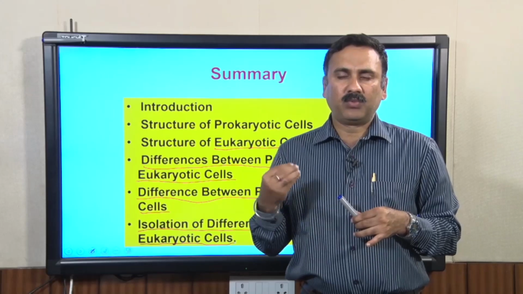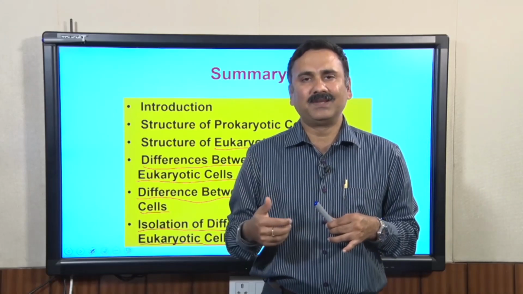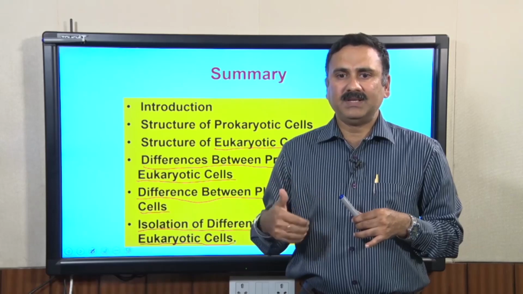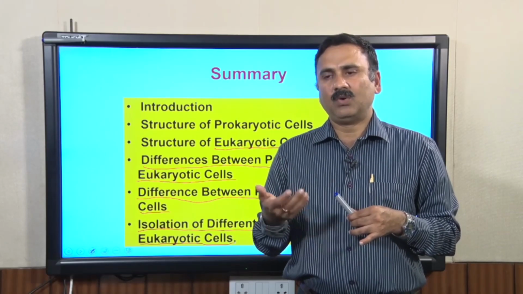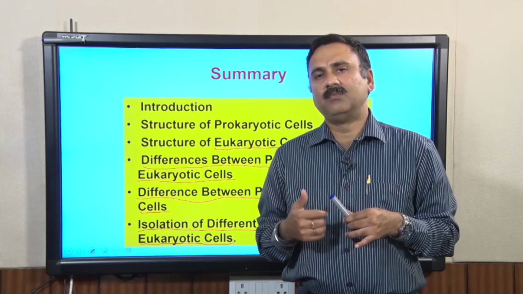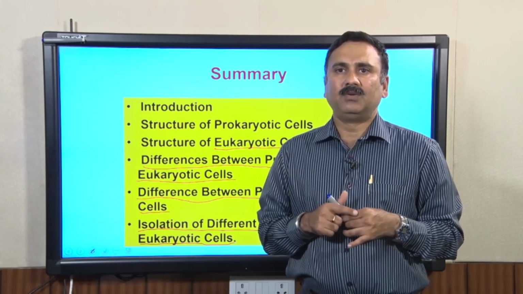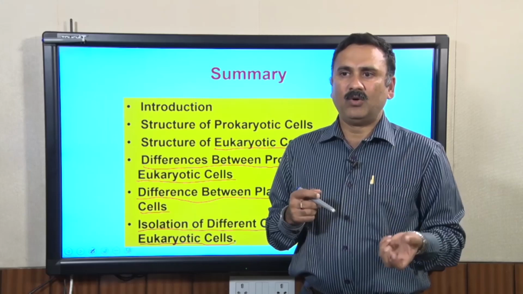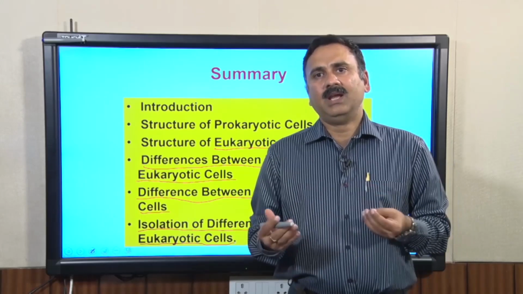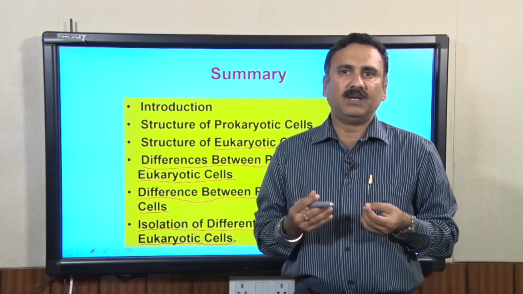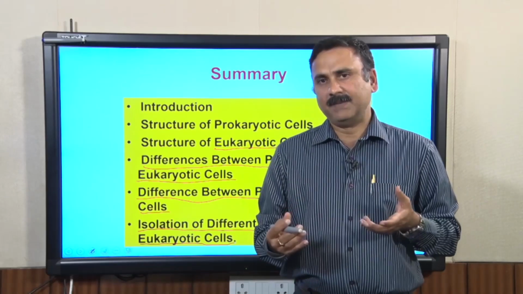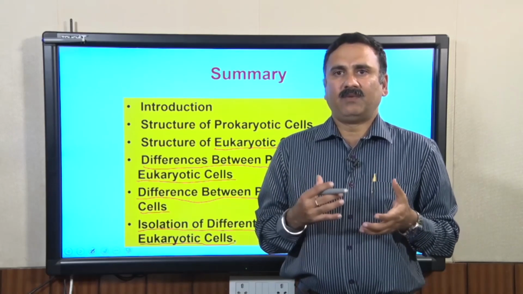These approaches can be utilized not only for isolating organelles, but also for isolating different types of biomolecules which vary in their sedimentation rate or in their densities. So, these are the different things we have discussed.